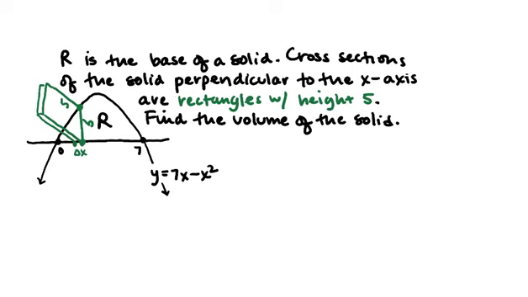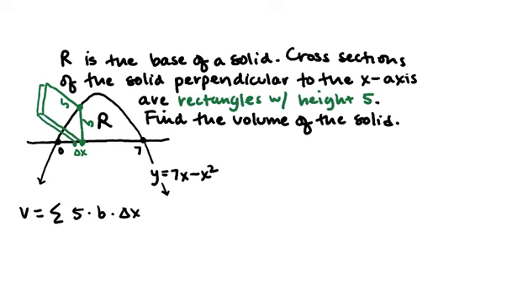And we know we can find the volume of this rectangular prism by multiplying length times width times height. So the volume is going to become the sum of all of these rectangular prisms, that's 5 times base times delta x.